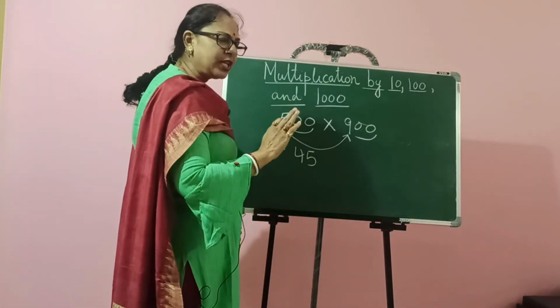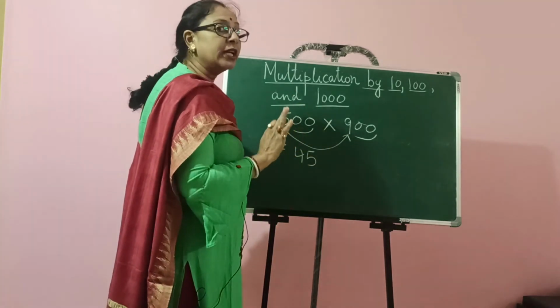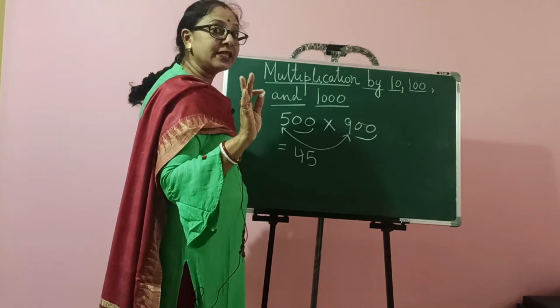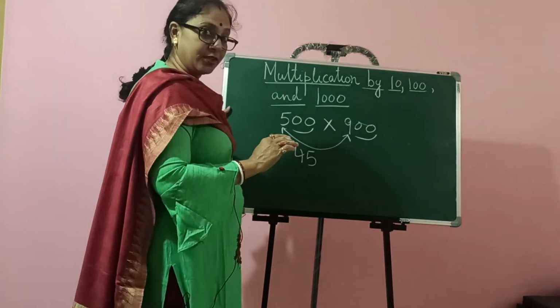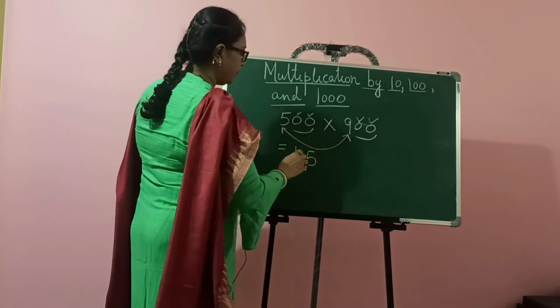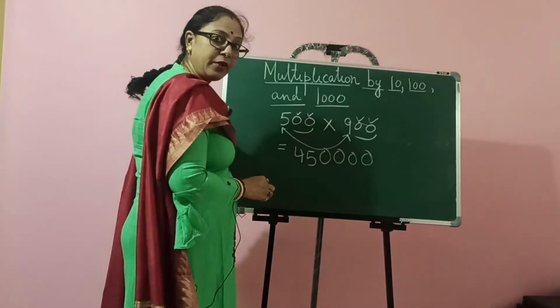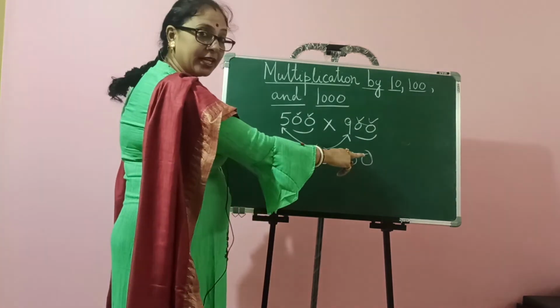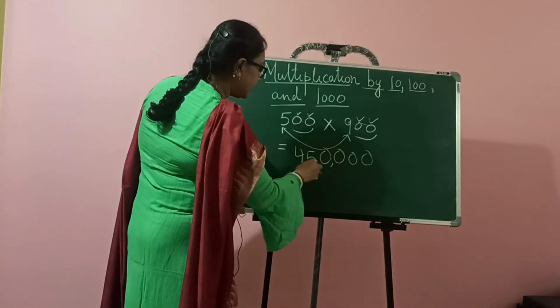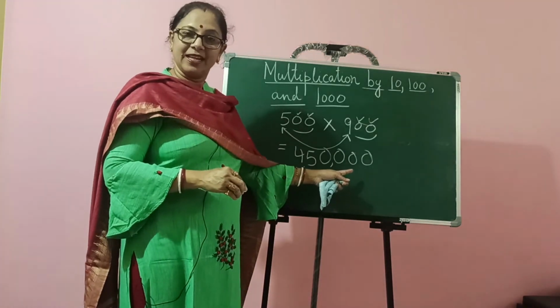And then we just add the number of zeros at the end. Let us count the number of zeros that the factors have. Both the factors have 1, 2, 3, 4. We add 4 zeros at our right, and thus this becomes 4,50,000.